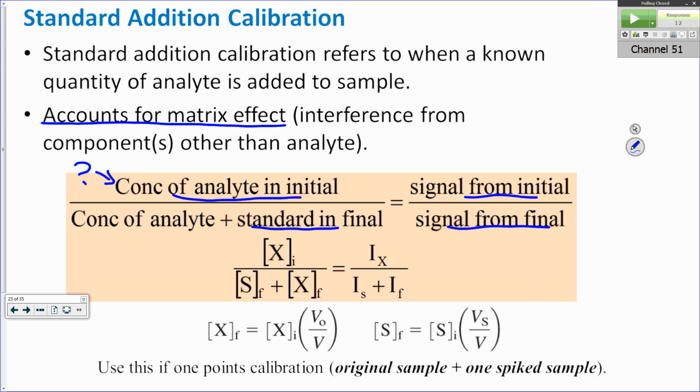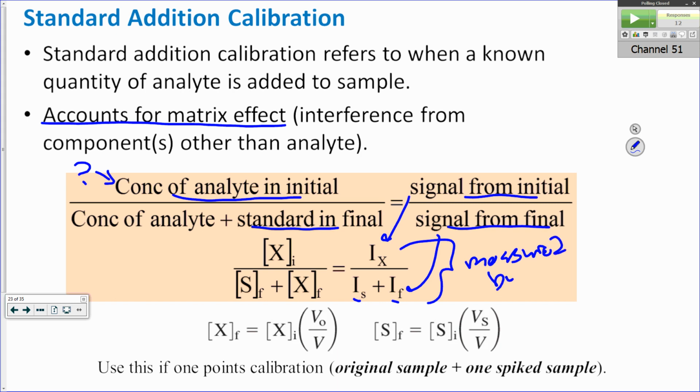So whenever we take a sample and spike it, the thing we have to realize is that we're diluting it. Okay, so what do these different terms mean? So I sub x is equal to the initial signal, and the I sub S plus F just simply represents the final signal. Now the things that are on the right-hand side, these two terms are measured by the instrument.